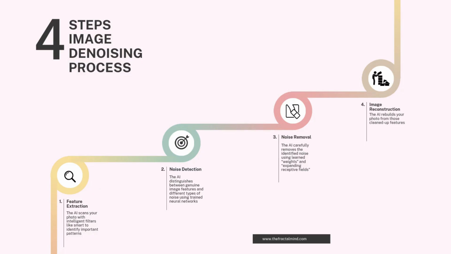Step 4, image reconstruction. Finally, AI becomes an artist using an encoder-decoder architecture with skip connections to rebuild your photo. It takes all those cleaned up features and rebuilds them into a complete noise-free photo that looks natural and sharp.